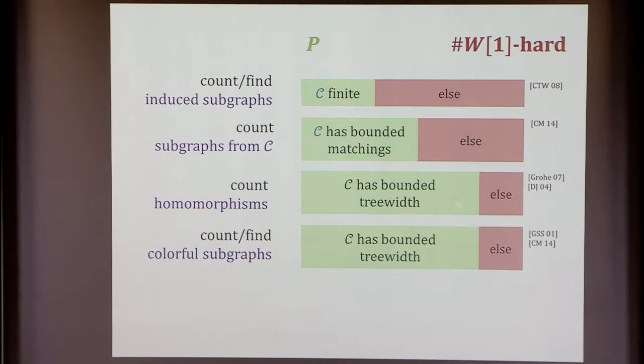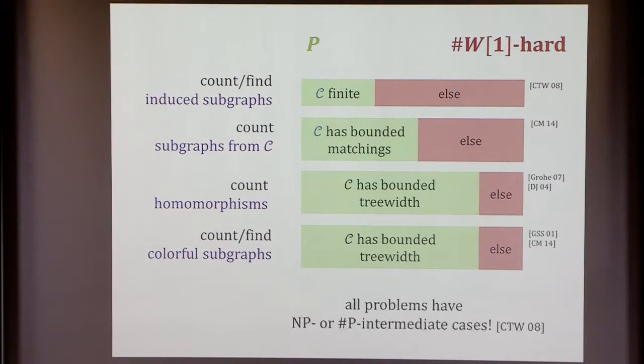And these are weaker conditions on a graph class than having bounded matchings. Because, for instance, tree width is a measure of tree likeness, and in particular forests have tree width 1, but matchings are forests. So matchings are hard here, but they're not hard there. And in all of these cases, we have intermediate cases.